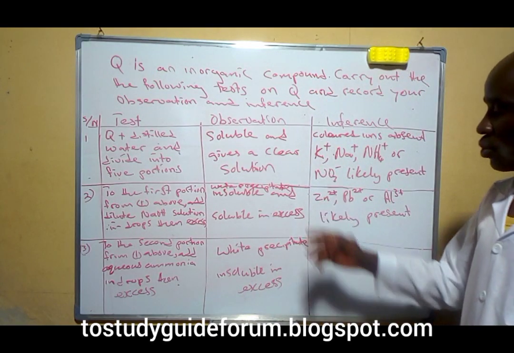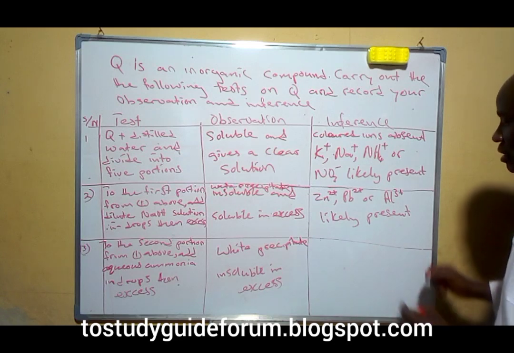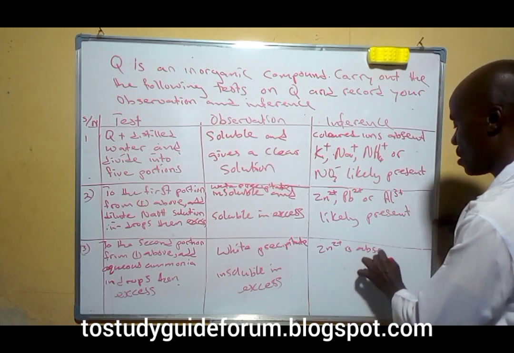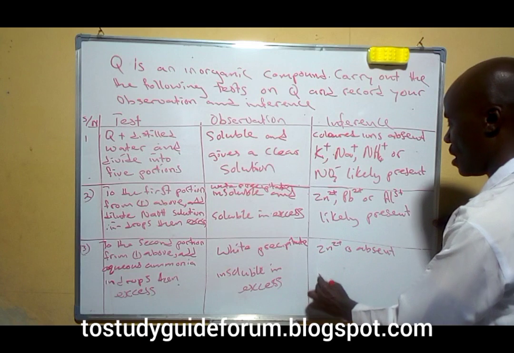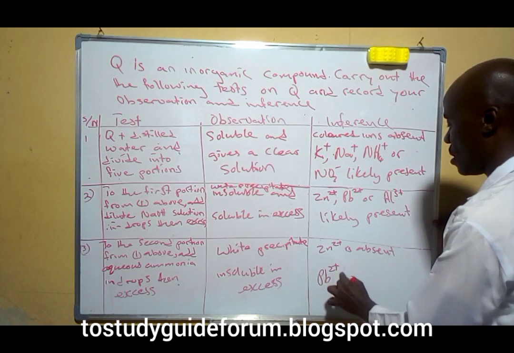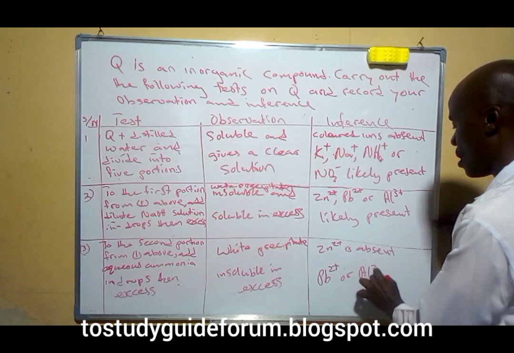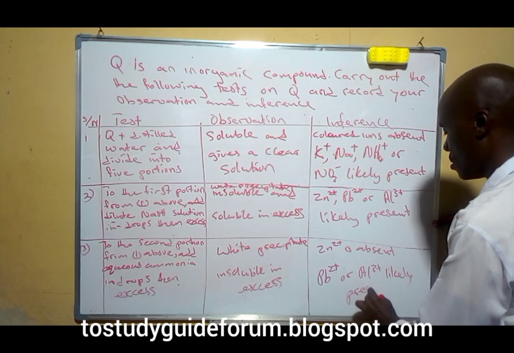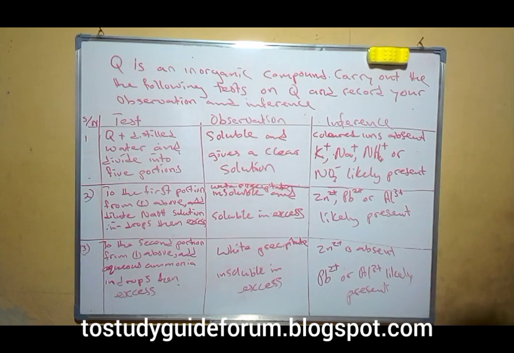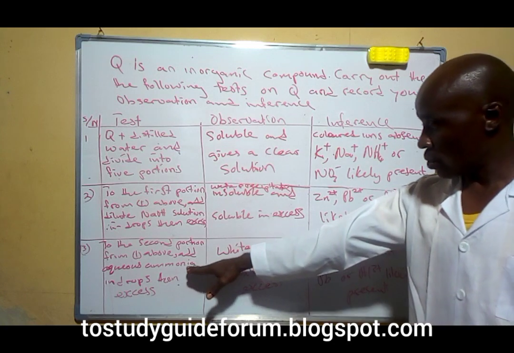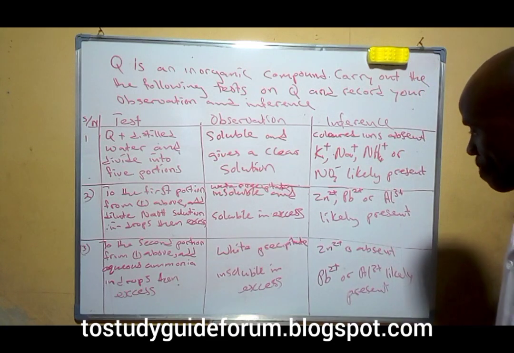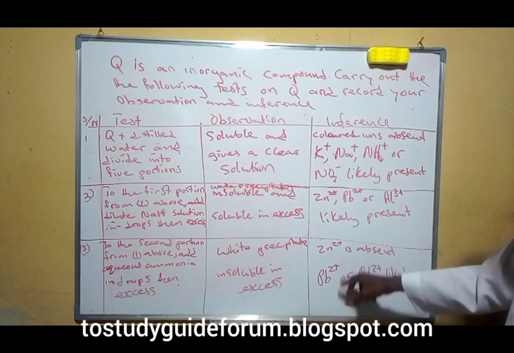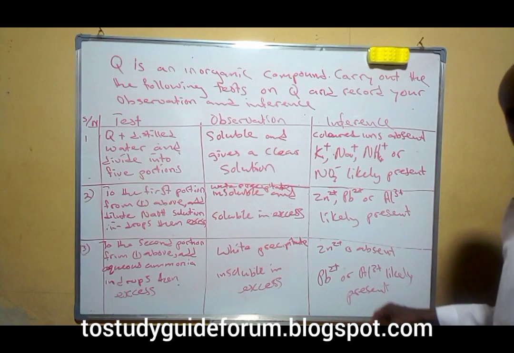Since it's a white precipitate insoluble in excess, it means that zinc is absent, and lead or aluminium was likely present. This is because zinc ion is always soluble in excess aqueous ammonia. Since this one is insoluble in excess aqueous ammonia, it means that zinc is not there. It's likely to be either lead or aluminium.